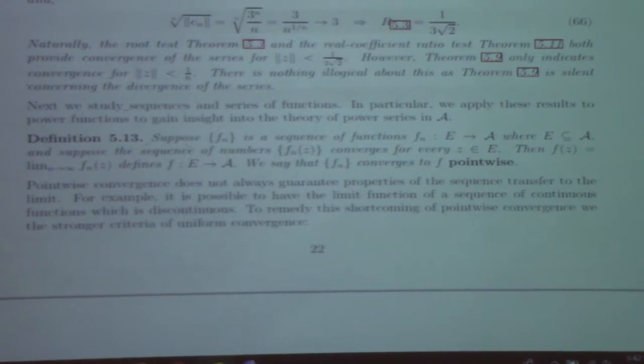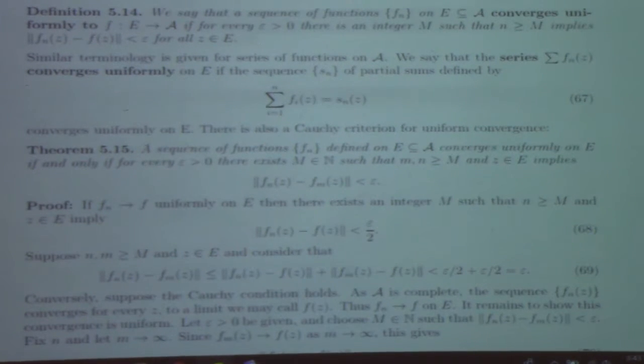We keep looking through here and we find another convergence. I eventually start studying sequences of functions. For sequences of functions, we define usual pointwise convergence, then we define uniform convergence of functions. A sequence of functions is said to converge uniformly if for every epsilon greater than 0 there's an M such that your function is within epsilon of the limiting function for all points in that set and for all n beyond the M, right?